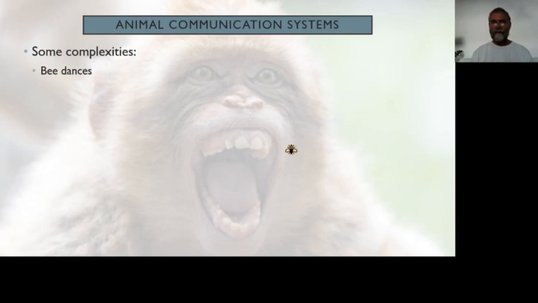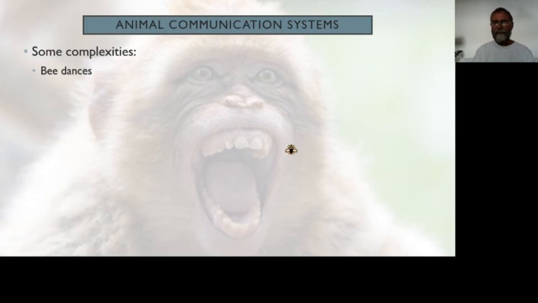Basically what happens is that a bee who has found a source of nectar will fly back to the hive, and if you think about it, hives are organised vertically, standing up. So they fly to the hive and they basically do a dance, a certain type of movement, and by observing this movement the other bees will learn where to find the source of nectar.